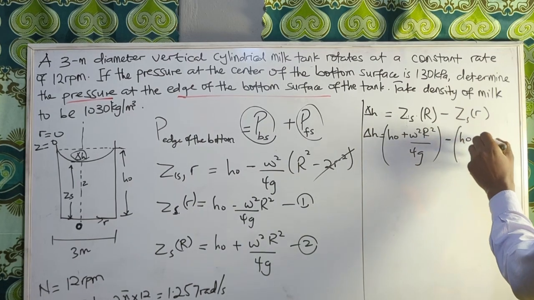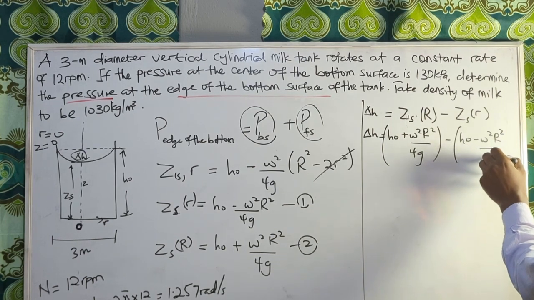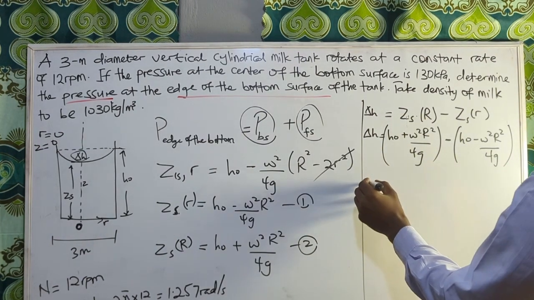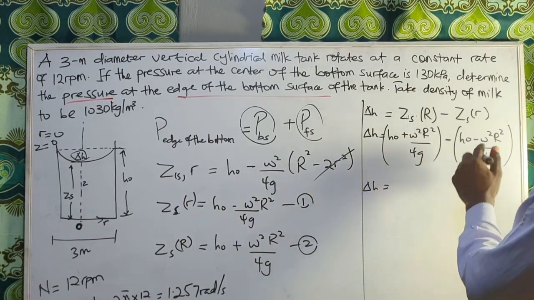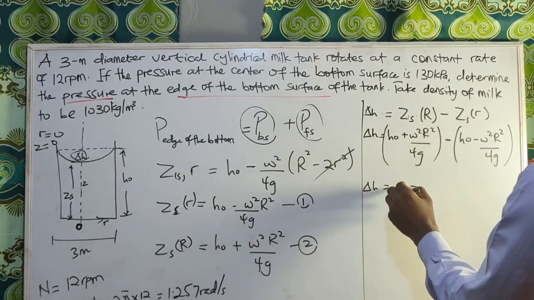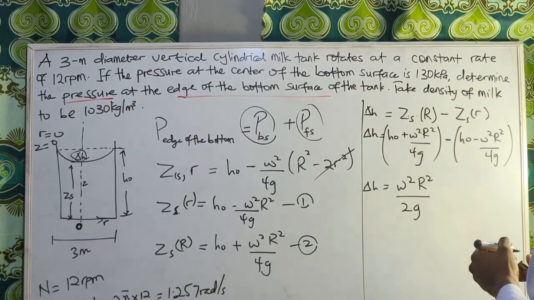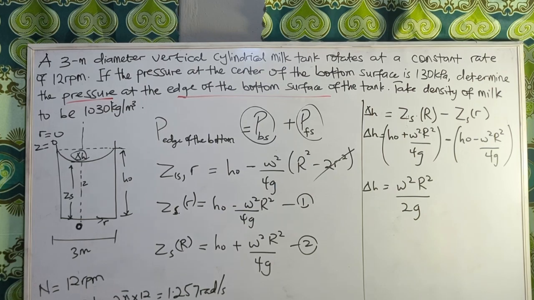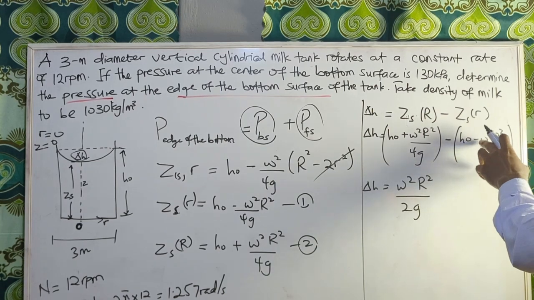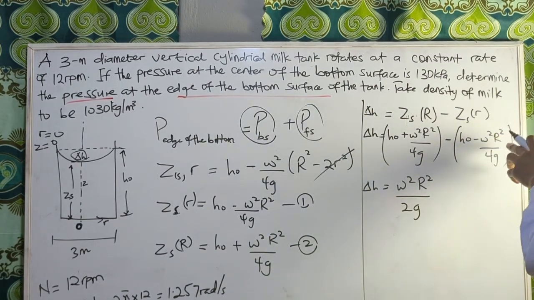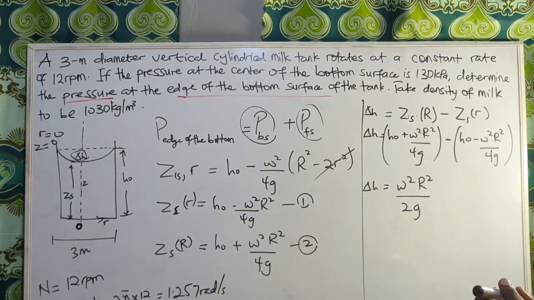In this, certain things will go out, H naught will cancel, and it will be left with omega squared R squared over 2g. Since this will go out and this will become plus omega squared R squared over 4g, if you add it to this, you will get this component here.